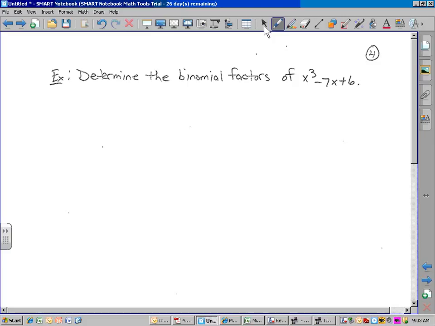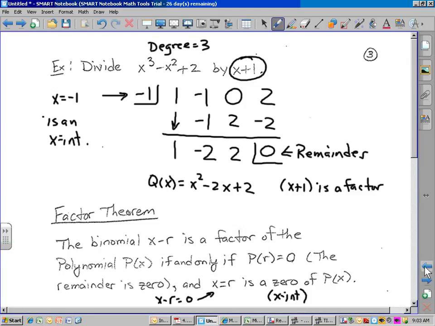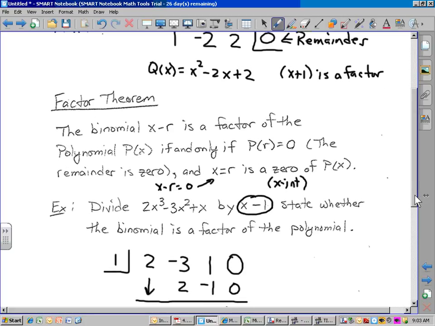For right now, I'm just going to show you a little bit easier way, but it does cause you to rely on the graphing calculator. Okay, if you remember, we go back to the factor theorem. I said that x equals r is a 0 or x-intercept of the polynomial.